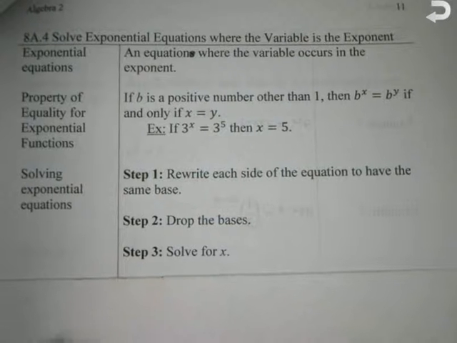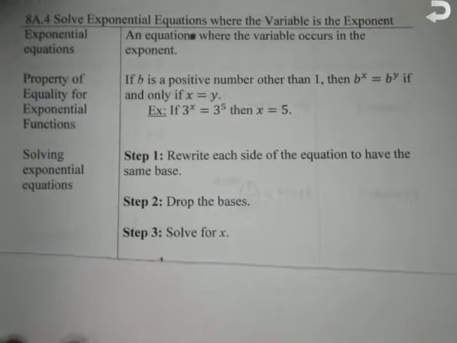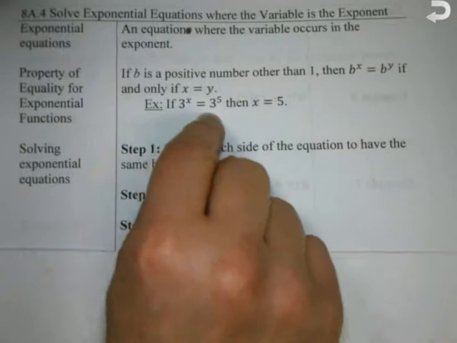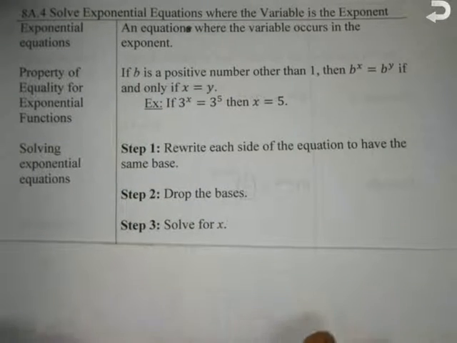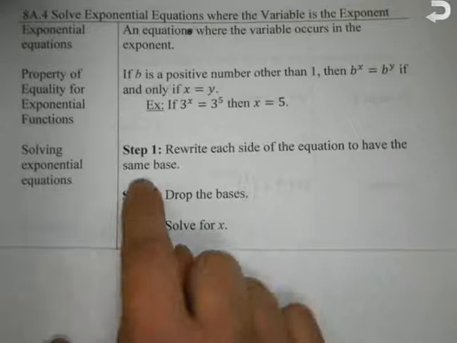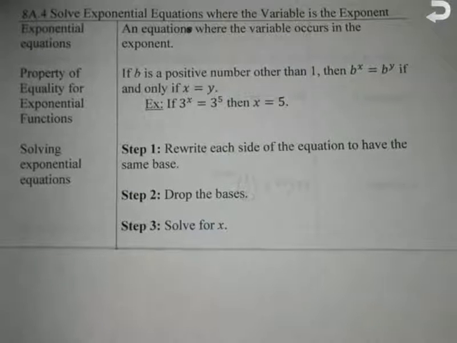So how do we solve these things? Because the problems are not going to be this simple. Step 1 is we need to rewrite each side of the equation so that we get the same base. Our problems are not all going to have the same base to start out with.